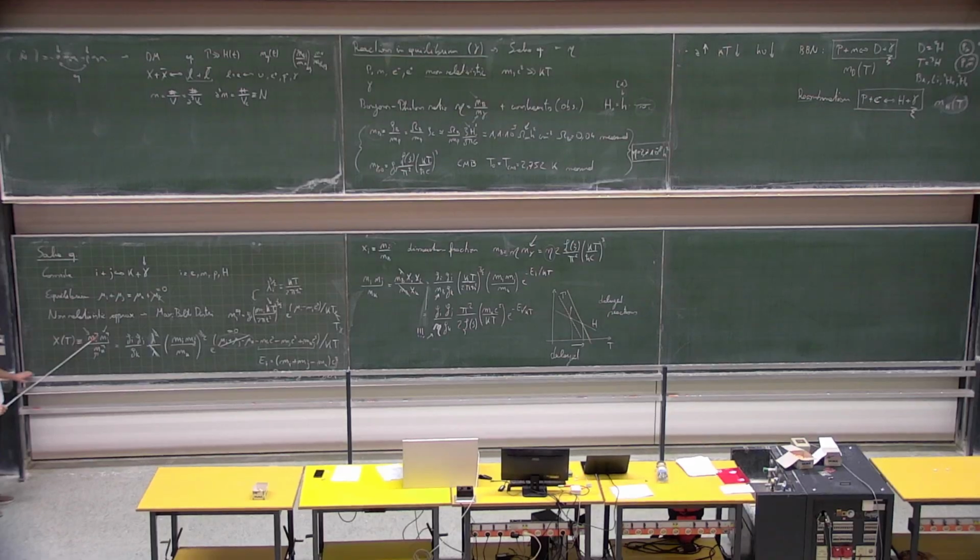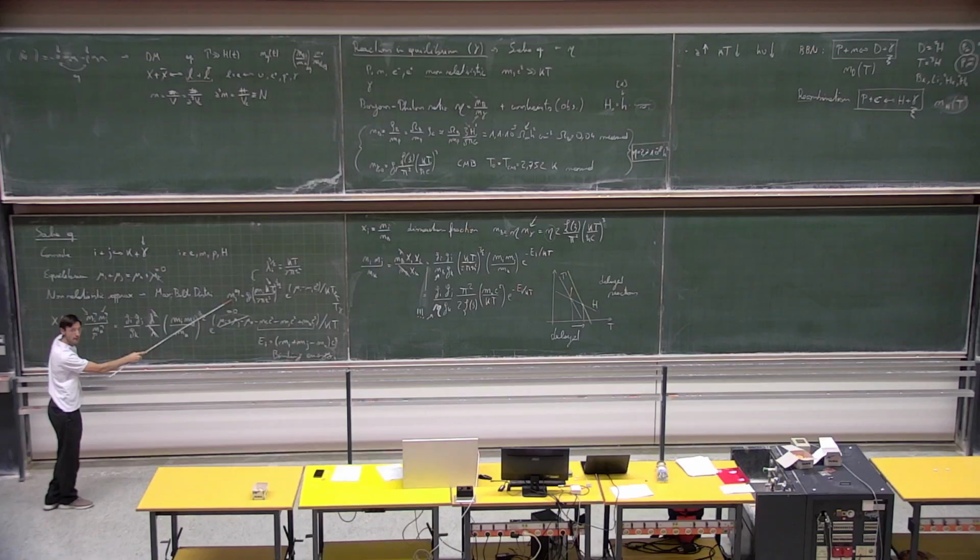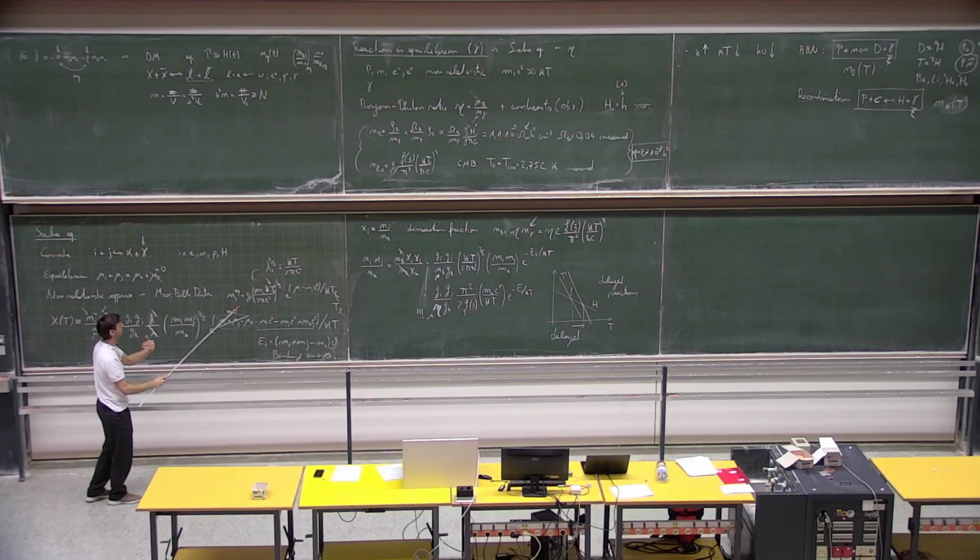The Saha equation describes these reactions in equilibrium, where the total chemical potential is 0, where the chemical potential of the photons is also 0, and we consider non-relativistic species and approximations for the number density of particles, because the temperatures are low enough, so the thermal energy is lower with respect to the rest energy of the particles that we are considering, including photons, including electrons. All right? So Maxwell-Boltzmann distribution.